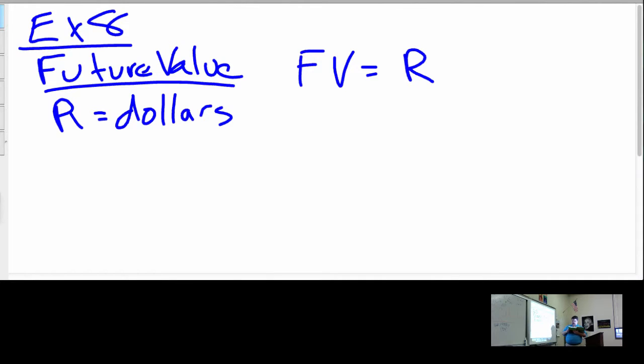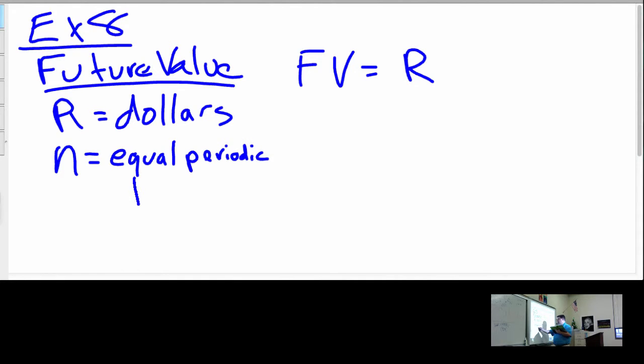Let's explain the formula stuff. There's going to be some stuff you're going to see. The future value of an annuity consisting of N equal periodic payments, and R is of dollars, and I is the interest rate.